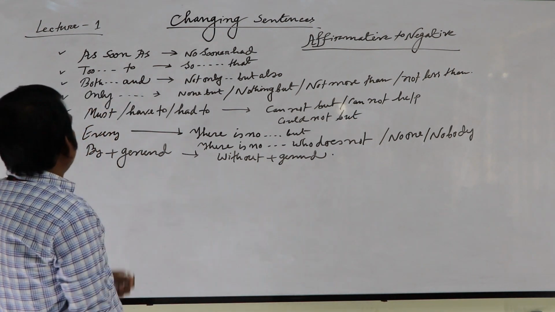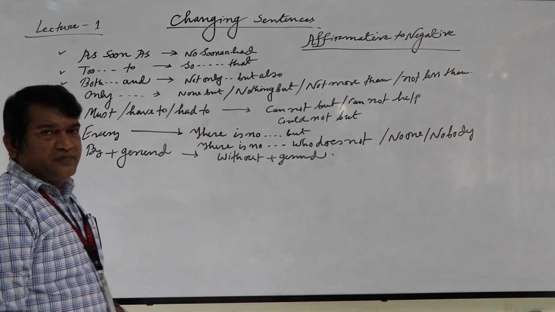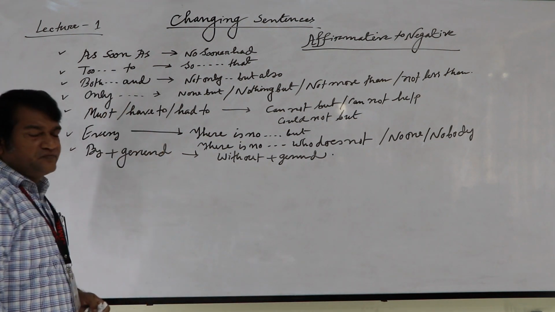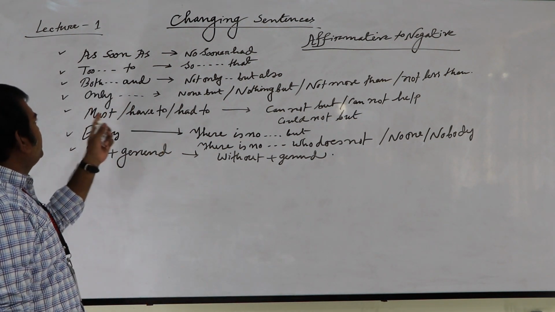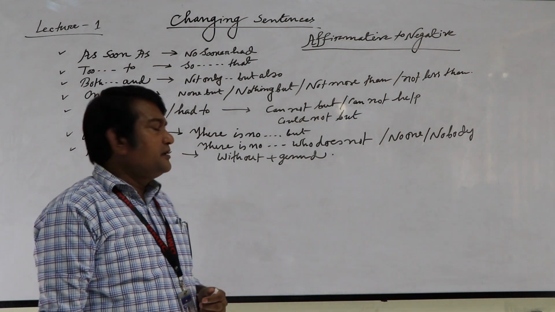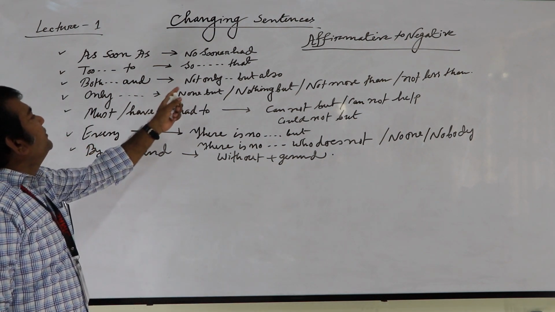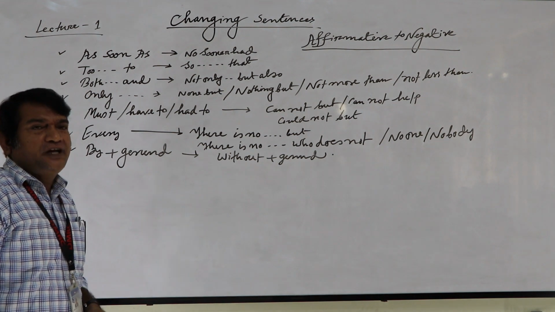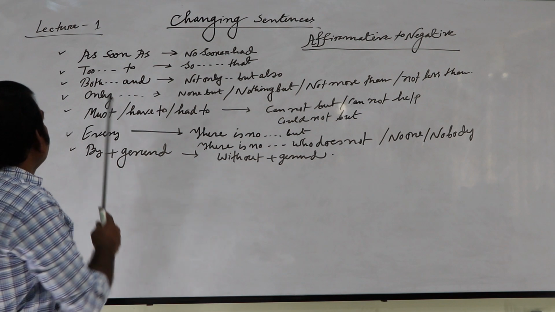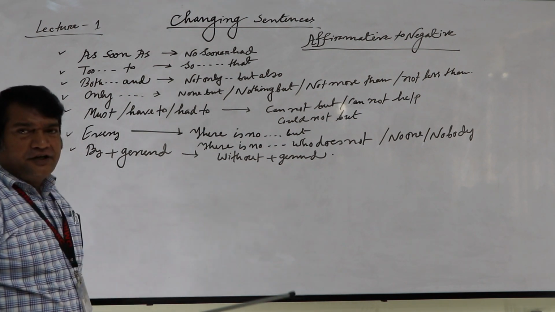Okay, first of all, I will show you the use of as soon as. If the sentence is with as soon as, it is affirmative. This kind of sentence, that means sentence having as soon as, should be changed with the help of no sooner had. I repeat, as soon as affirmative, then no sooner had negative.